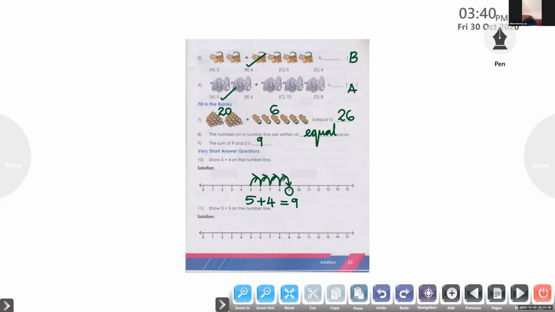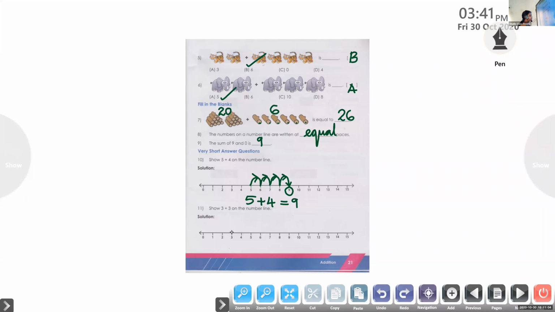Show 3 plus 3 on the number line. So we can mark 3 on the number line first.